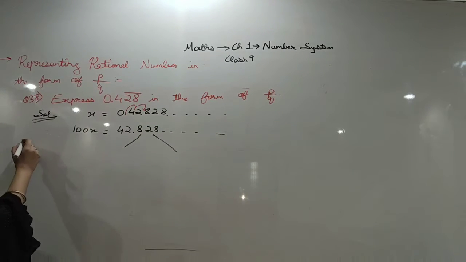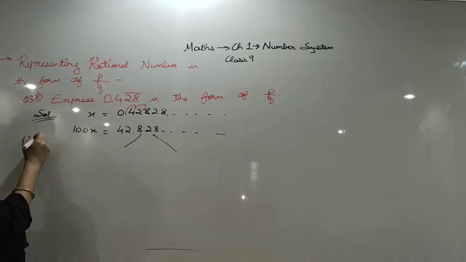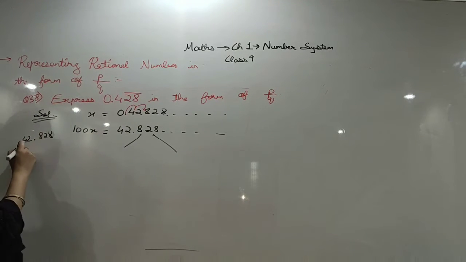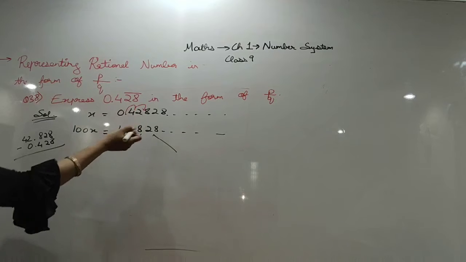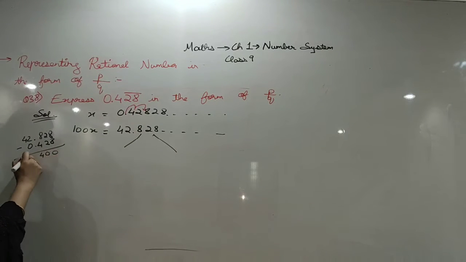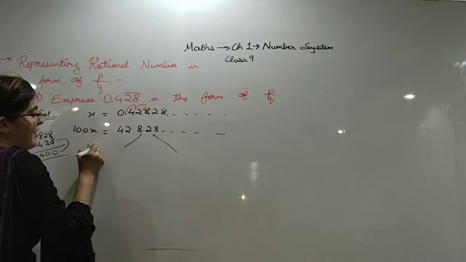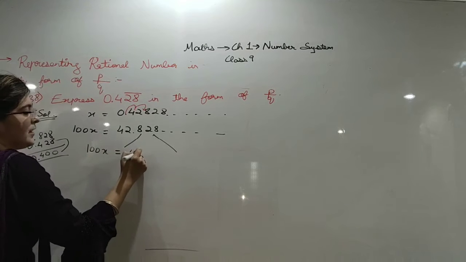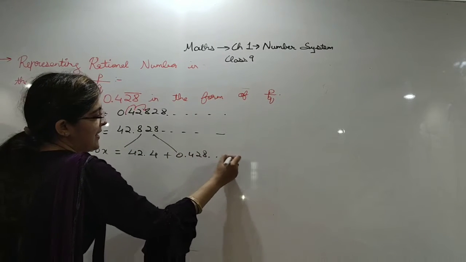Okay, now we have to split it into 2 parts. For splitting this, we have to do rough work. Subtract this minus this. See, I am doing it here. Okay, I am writing only 3 digits after the decimal. It's coming 42.4 plus 0.428. So here I will write the same thing. 42.4 plus 0.428 and so on.